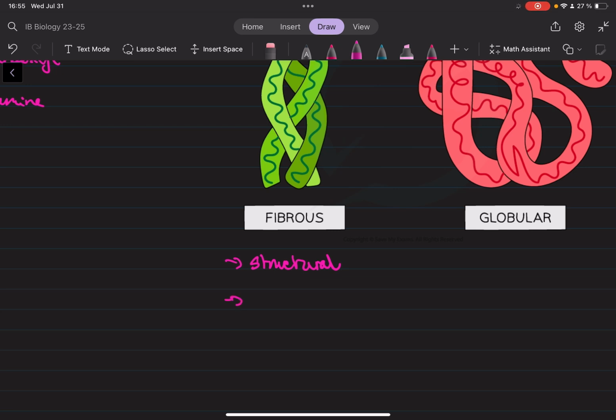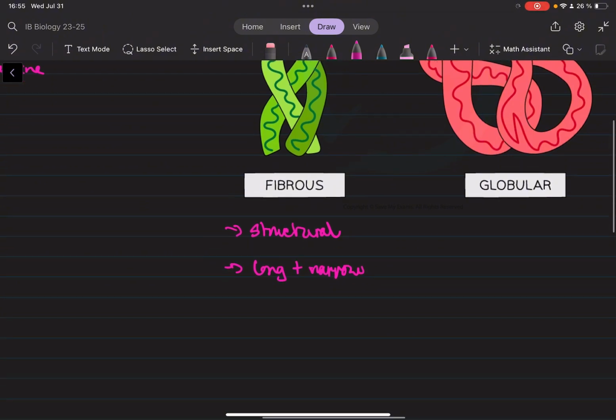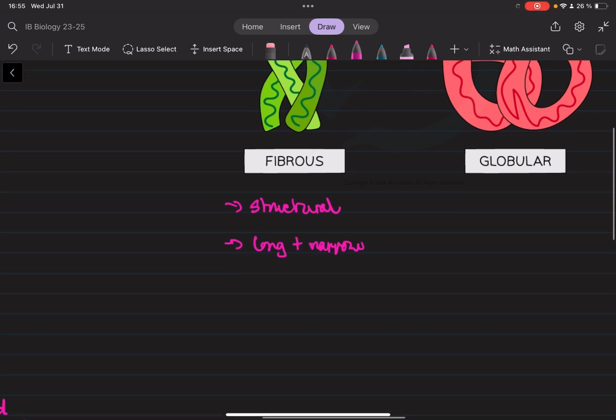They're very long and narrow, because that helps them with the function of being a structure, essentially. But they are less soluble in water or polar substances, and they have a repetitive amino acid sequence.